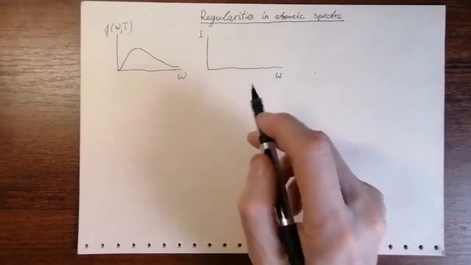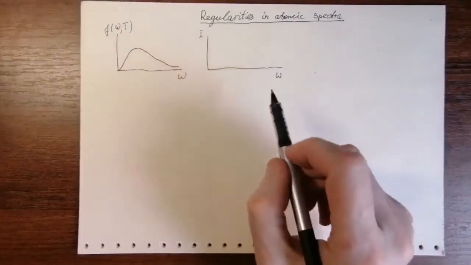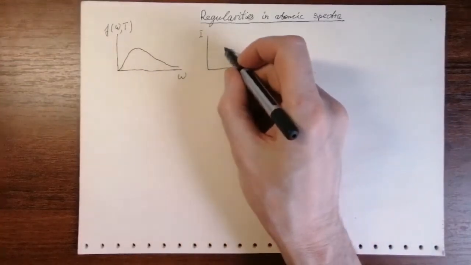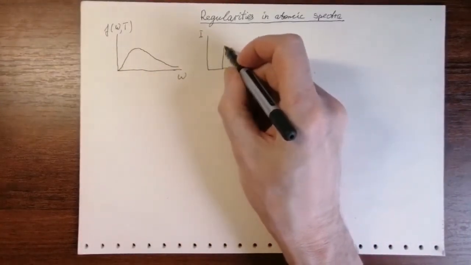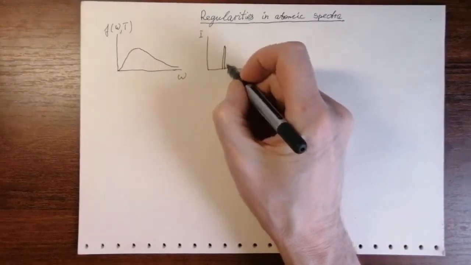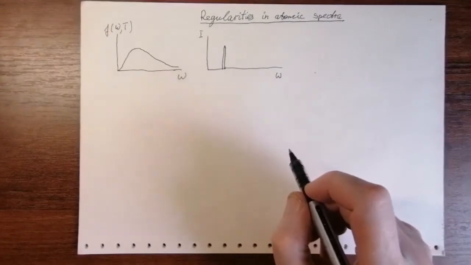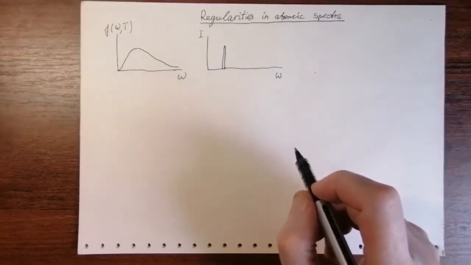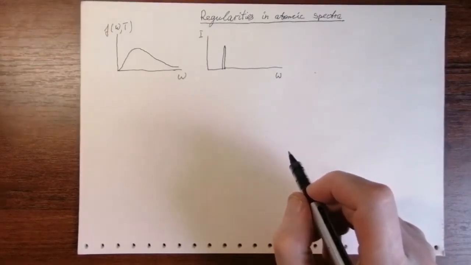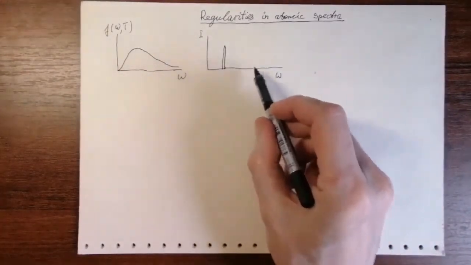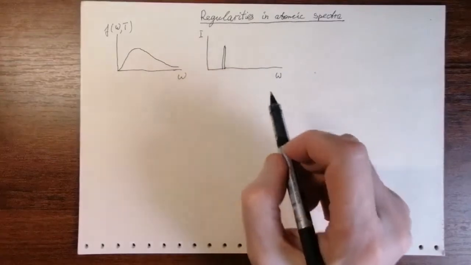So this spectrum was continuous, and this is a spectrum which contains some lines, and these lines are measured with some width because of the finite resolution of the measuring apparatus. There are some regularities in the position of these lines.